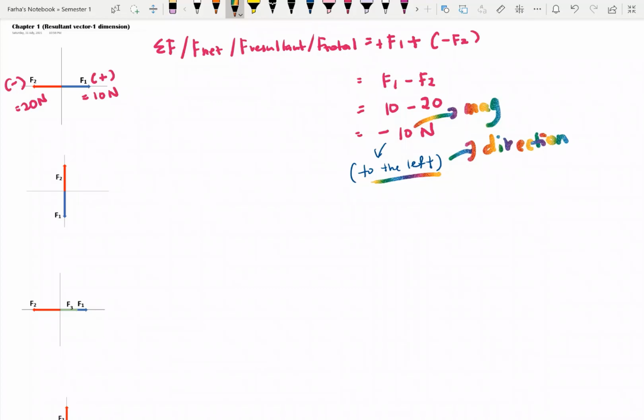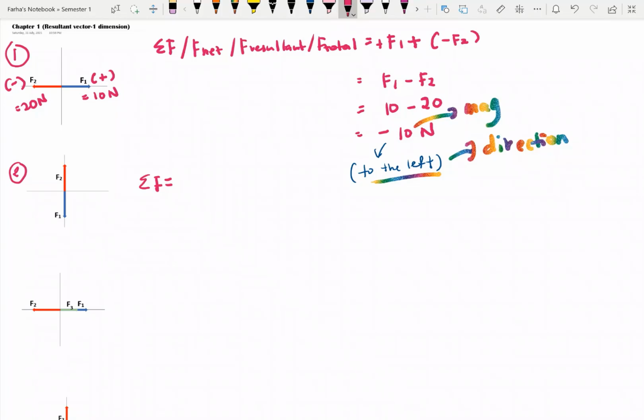For the second example, okay, number 2, this one number 1. Okay, number 2 in Y component, so sama juga. Okay, we just apply the sum of F equals to F1 plus F2. But remember that if you can see here, F2 is going upward.